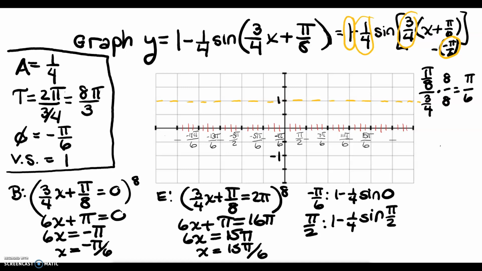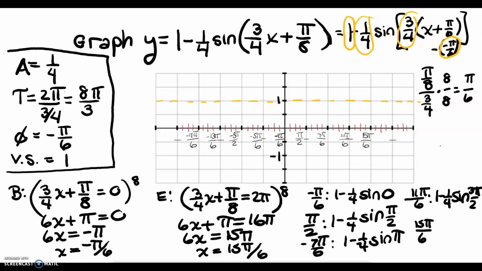When I plug in 7 pi over 6, I'm going to get 1 minus a quarter of the sine of pi. When I plug in 11 pi over 6, I'll get 1 minus a quarter of the sine of 3 pi over 2, and when I plug in 15 pi over 6, I'll get 1 minus a quarter sine of 2 pi.